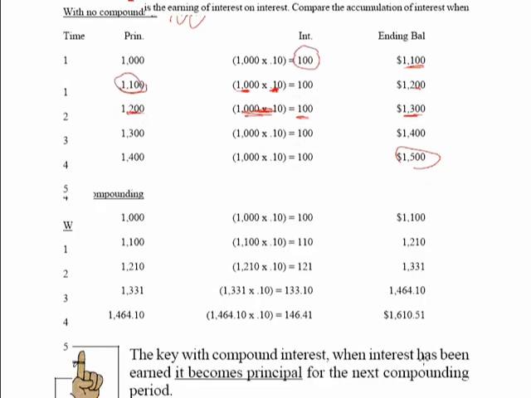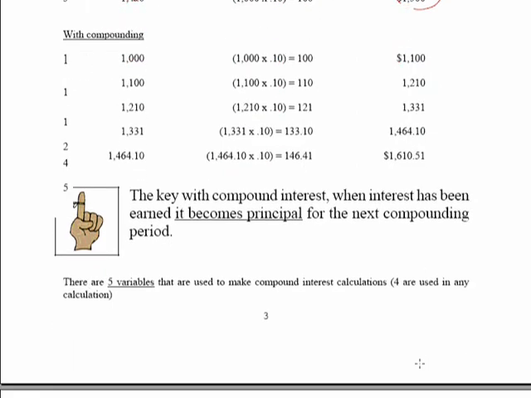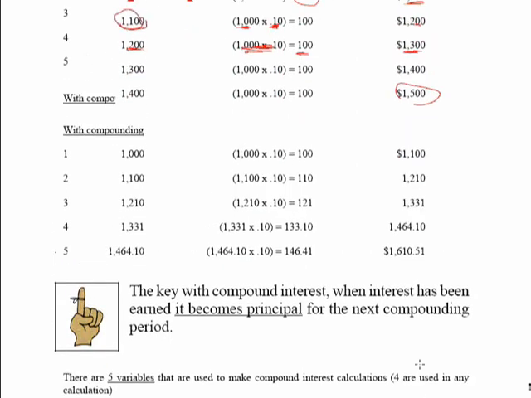Well, let's compare this to an investment with compounding. The second investment is more typical of lots of investments. This time we have compounding. You can see we still start out with $1,000, and it's a 10% account. So the first period we still have our $1,100, but the second period we're making 10% on our principal and our interest this time.